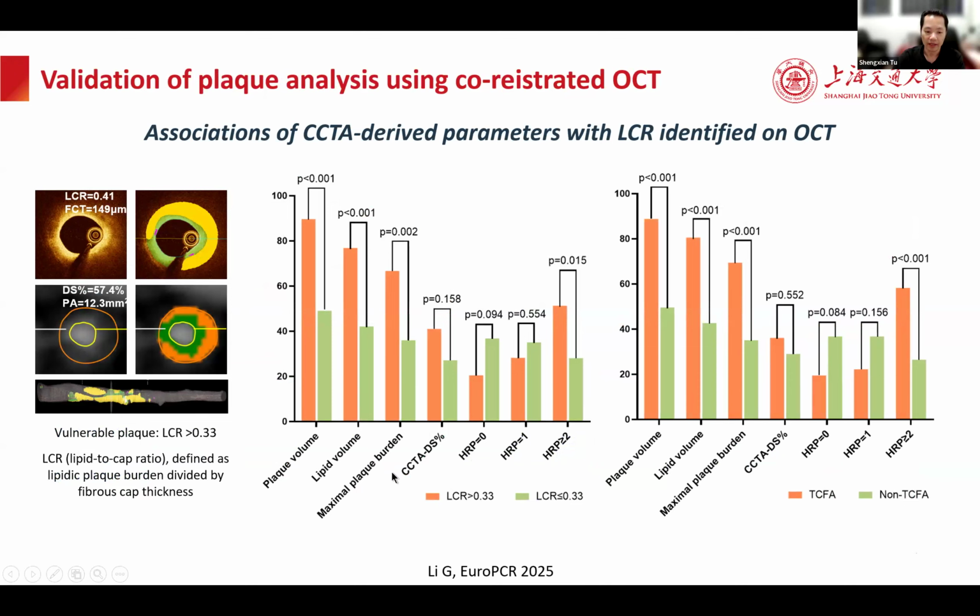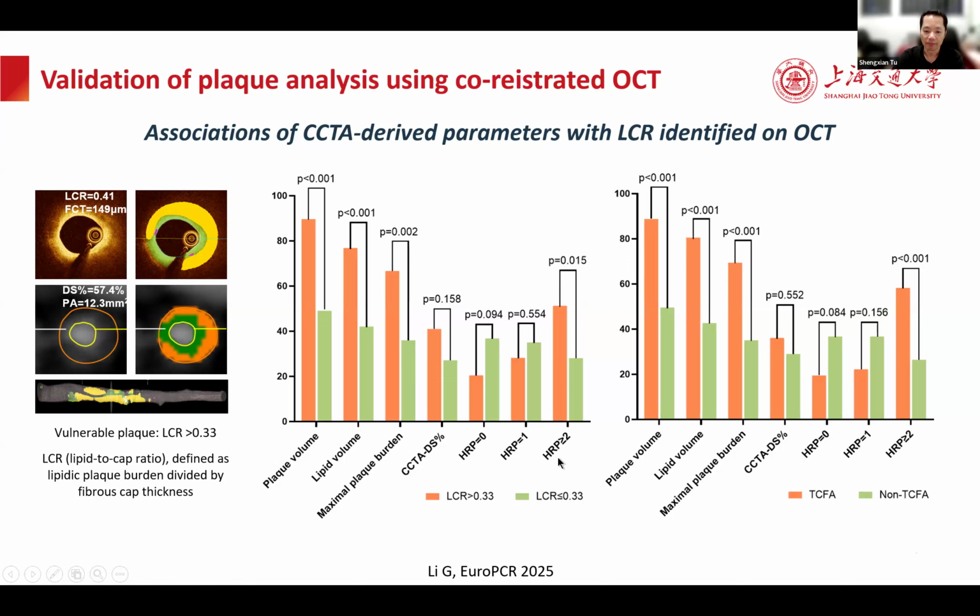Then we analyzed the CT parameters, as you can see in the middle here: the plaque volume, the lipid volume, the maximum plaque burden, and also the high-risk plaque features from CT. We have four traditional CT high-risk plaque features: spotty calcium, positive remodeling, low attenuation, and napkin ring sign.